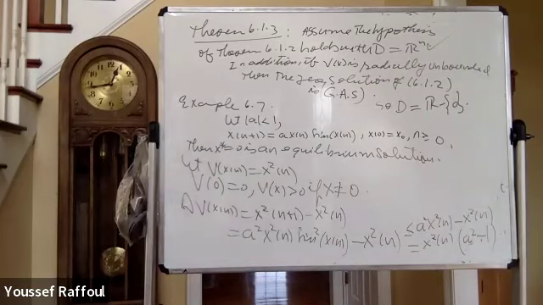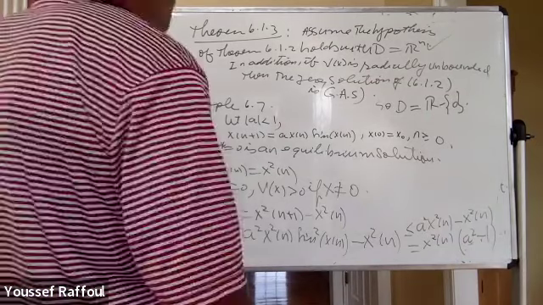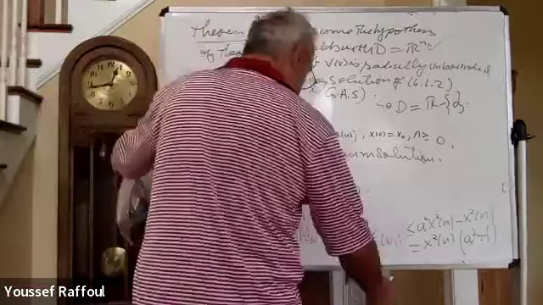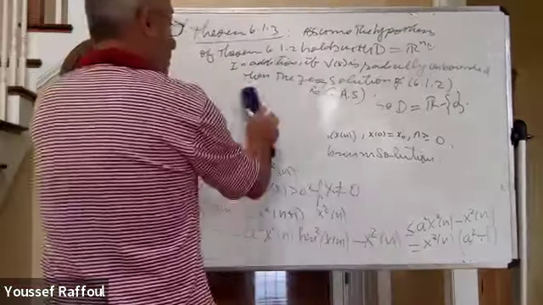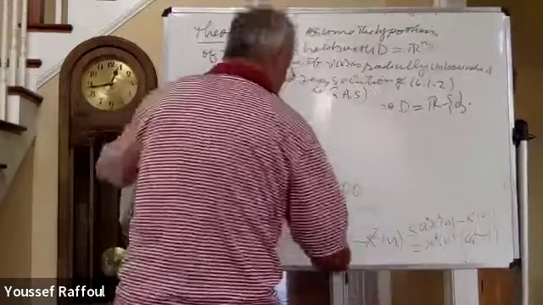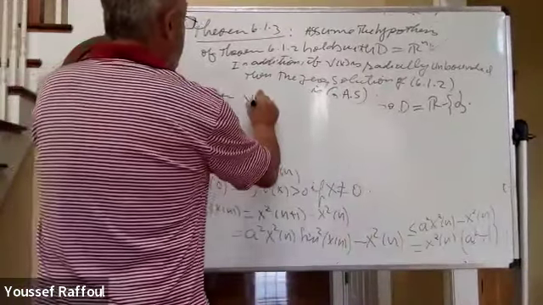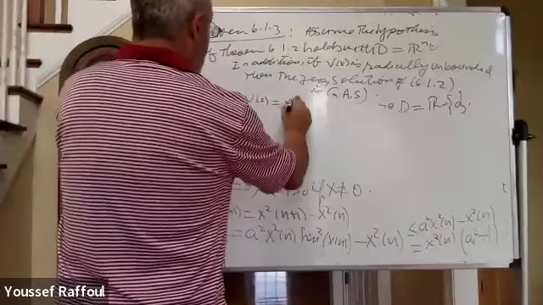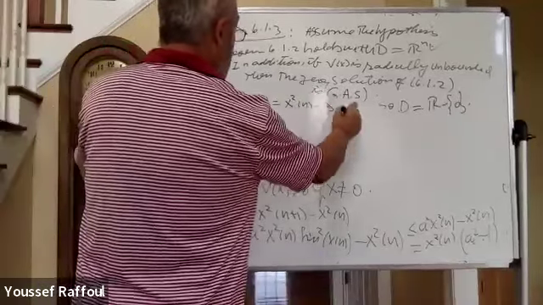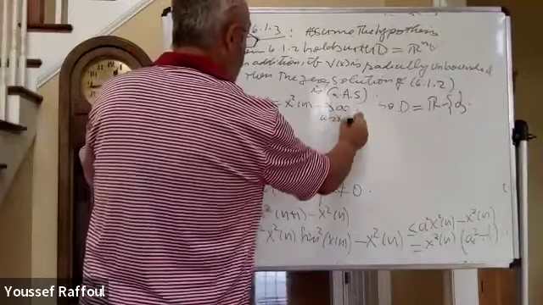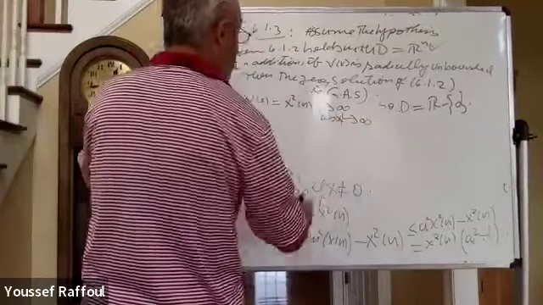Okay, and I'm looking at theorem 6.12, and moreover, v of x, which is equal to x squared of n, goes to infinity as x goes to infinity.